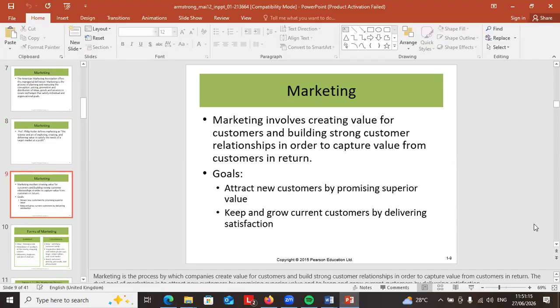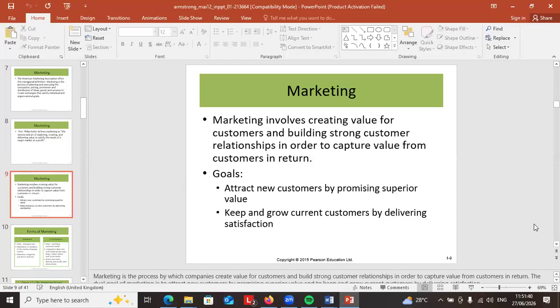Now, with the definitions that we've just appreciated, it is evident that marketing basically involves creating value for customers and building strong customer relationships in order to capture value from customers in return.